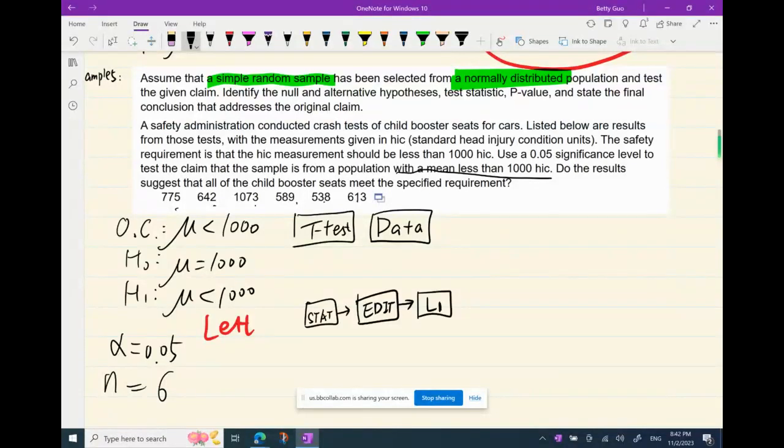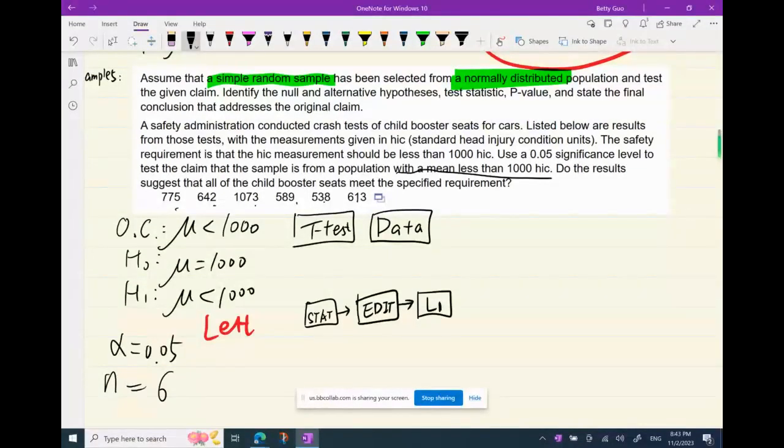I have some history data, so I'm going to erase them. In L1, I'm going to enter those 6 values. I have 775, 642, 1073, 589.